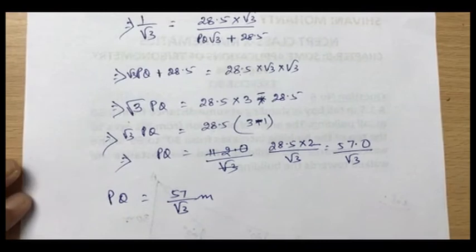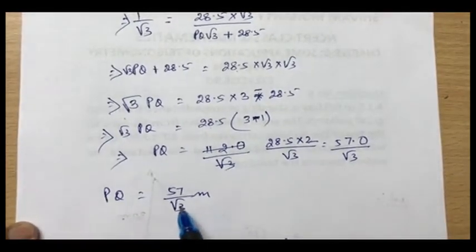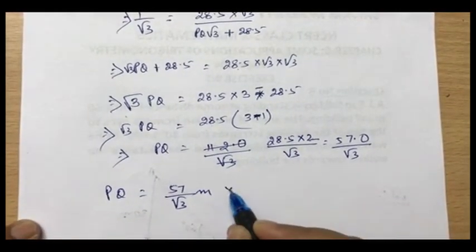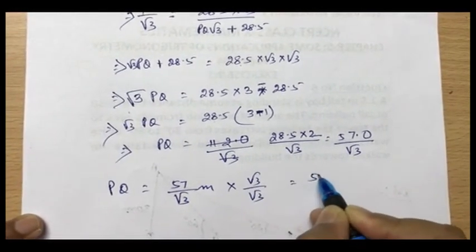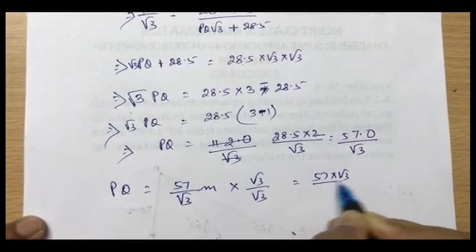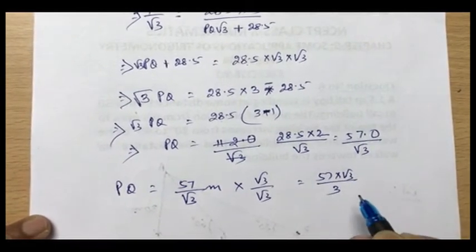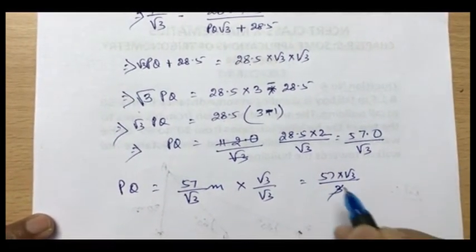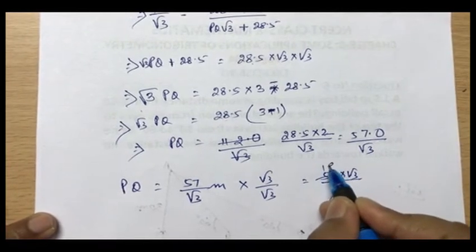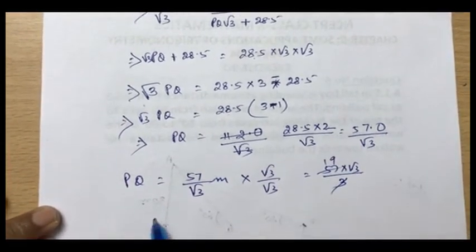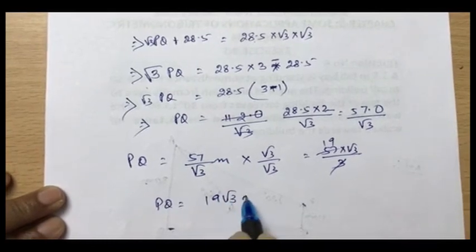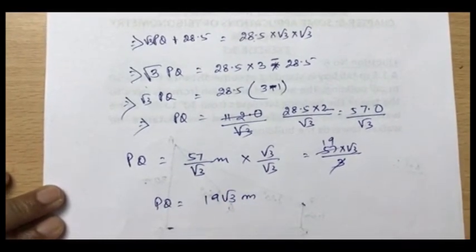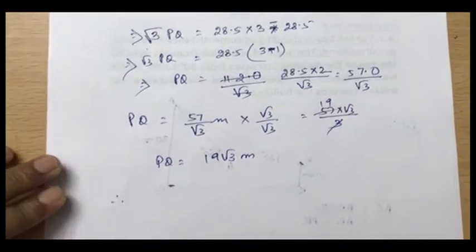Fine. But we cannot keep root 3 in the denominator, can we? So multiply: 57 into root 3 by 3. Can we cancel? I think we can cancel. 3 1s are 3, 3 9s are 27. So I have got PQ is equal to 19 root 3 meter. So what is the last statement?